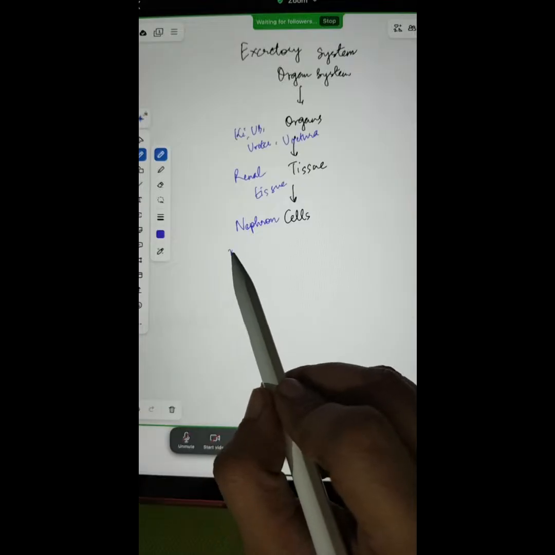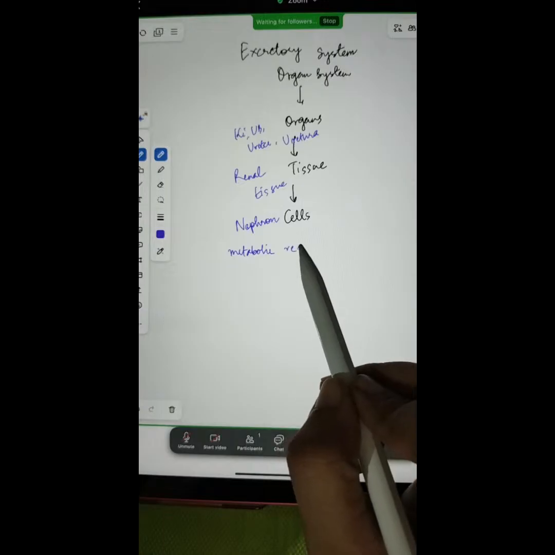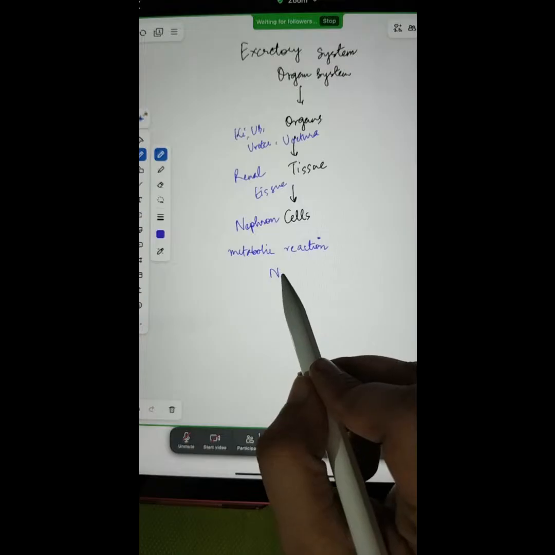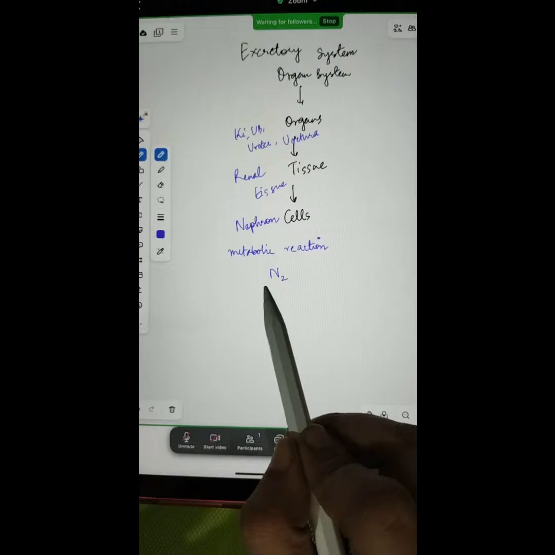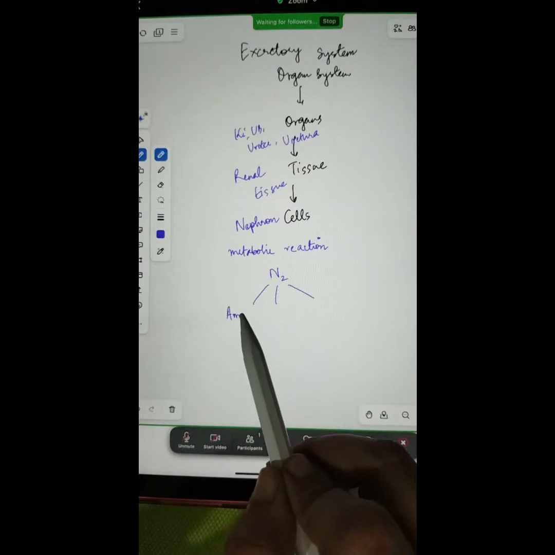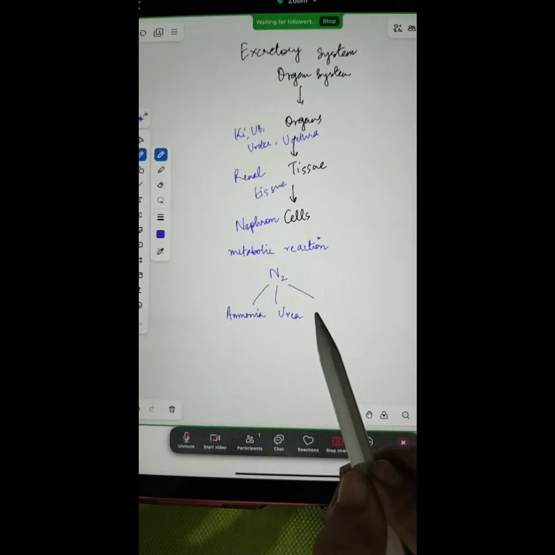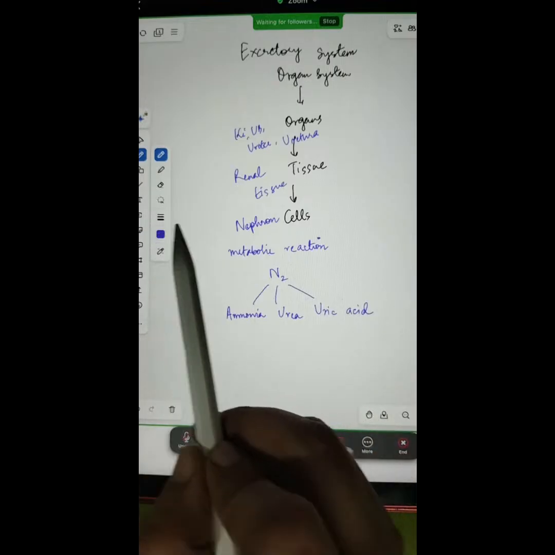Whenever metabolic reactions take place in our body, they produce waste in the form of nitrogen. All living organisms produce waste that is rich in nitrogen. These forms of nitrogen could be different in different organisms; the waste could be in the form of ammonia, or urea, or uric acid.